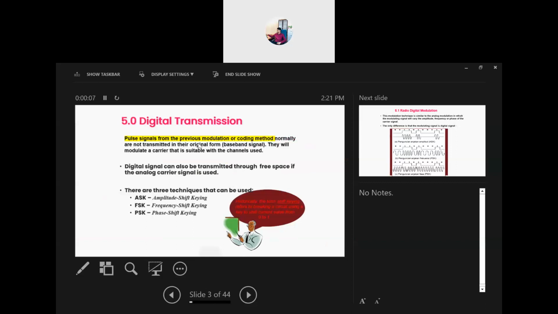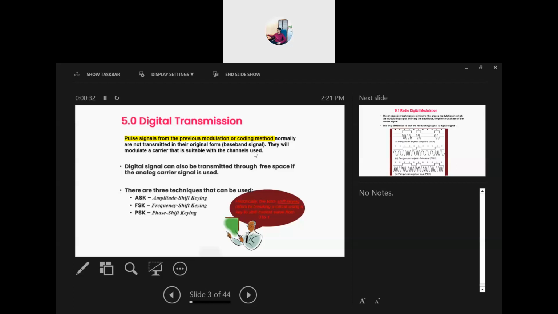So digital pass signal from the previous methods is not transmitted in its original form. Original form means we transmit purely the information. So baseband signal means that kind of transmission is purely information, which normally we don't use lah. They will modulate a carrier that is suitable for the channel used.